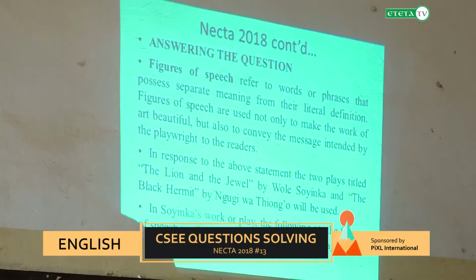That clear? Okay, so in Soyinka's play, we have the figures of speech which were used by the playwright. Someone who writes the play is known as the playwright. So the playwright, Soyinka, used the following figures of speech to convey the message to the audience or to the readers of his work.